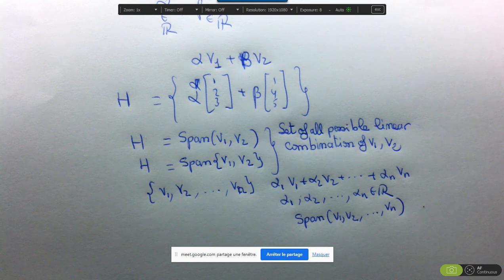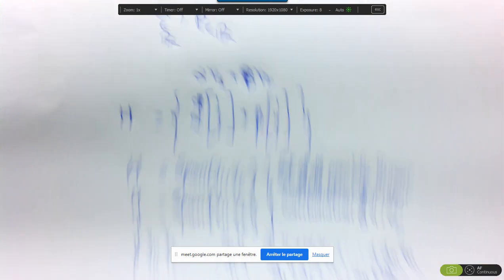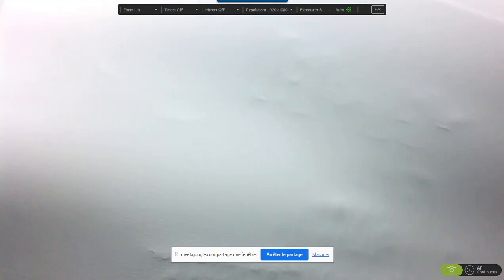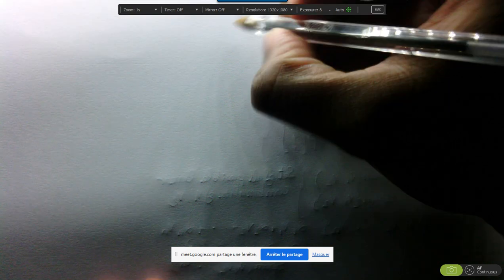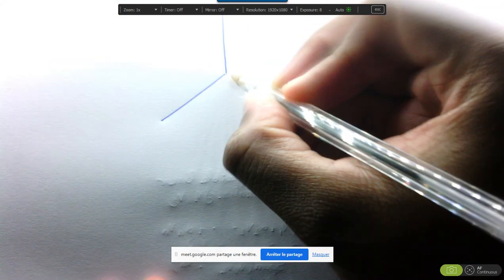We say that a spanning set belongs to a vector space. Suppose that I have a vector space like R3, graphically like this.